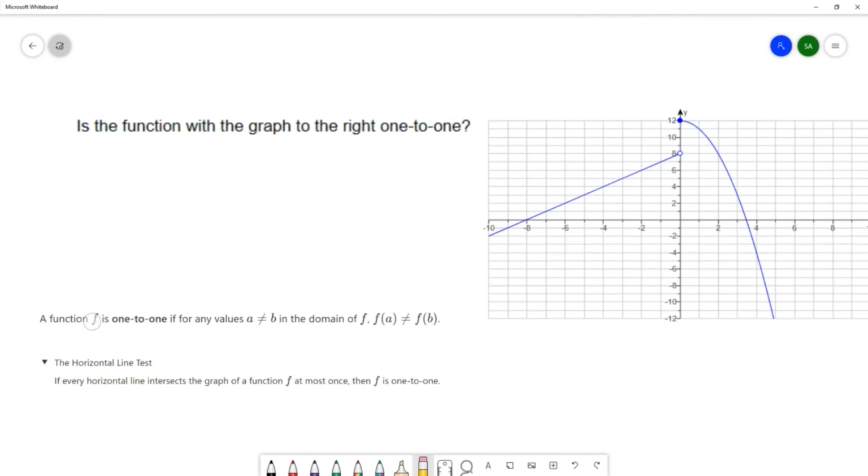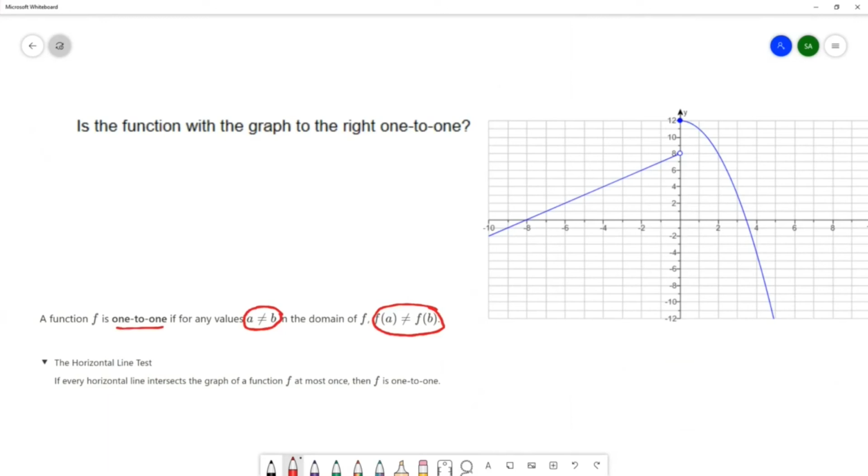A function f is 1 to 1 if for any values a not equal to b in the domain of f, f of a is not equal to f of b. So what this definition is saying is that if the x values are different, the y values will be different if you have a 1 to 1 function.